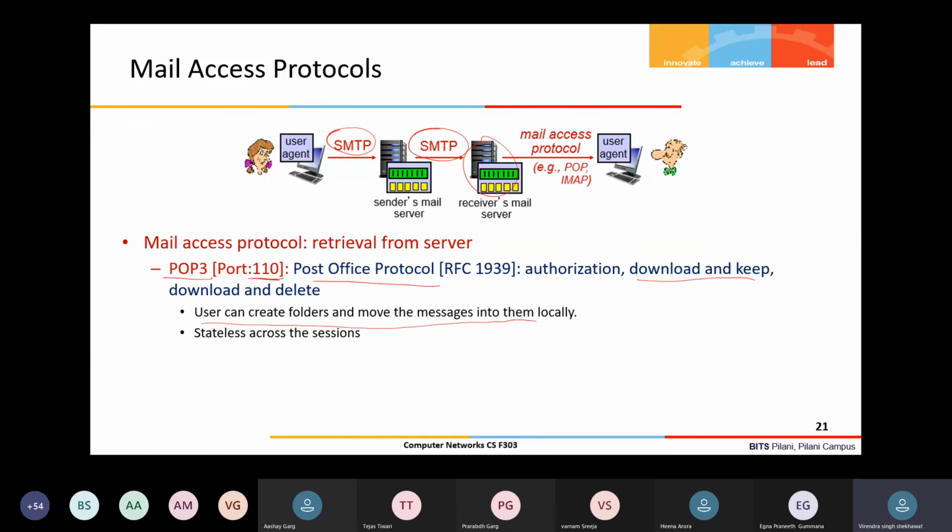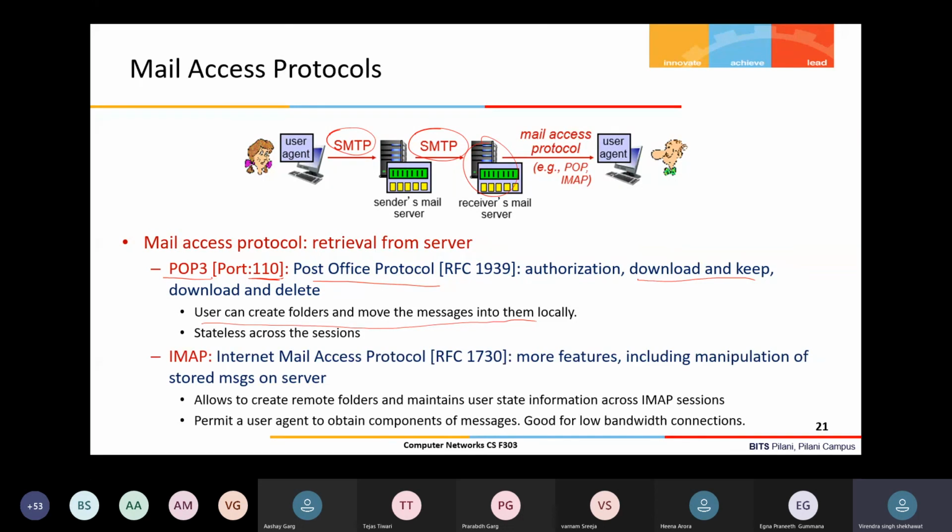So this is a very basic protocol, and limited features are there. A better protocol for mail access is the Internet Mail Access Protocol, IMAP, which has more features, including manipulation of the stored messages on the server itself, and which most mail services use nowadays. It allows creating remote folders and maintains user state information across the sessions.